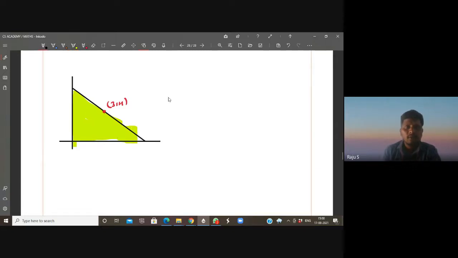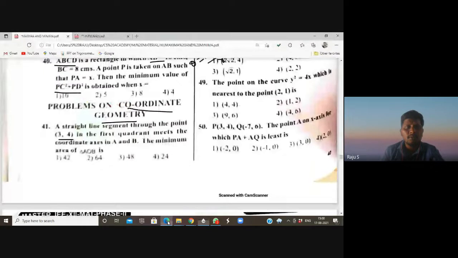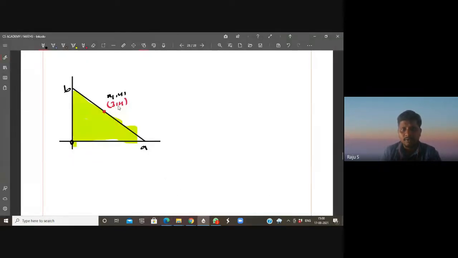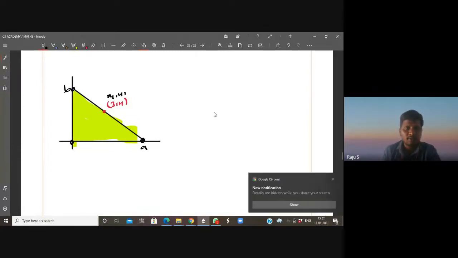Okay, students. So if it is A, if it is B, this you can take as x1, y1. Here a triangle is formed. So what is the minimum area of this? Yes or no? Fine. So the formula is directly here. Whenever we have the point as x1, y1, the line segment joining the coordinate axis in first quadrant, the formula is 2 x1 y1.